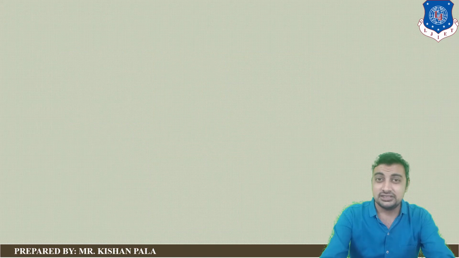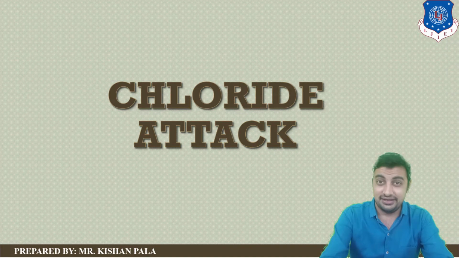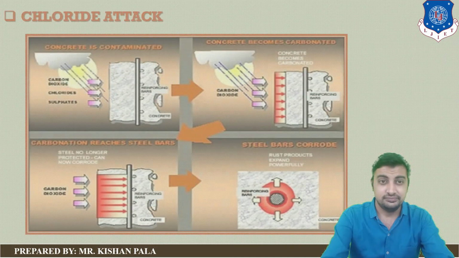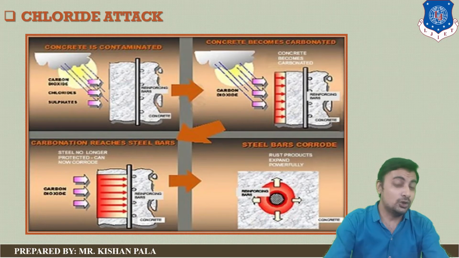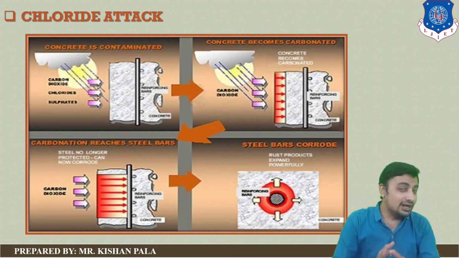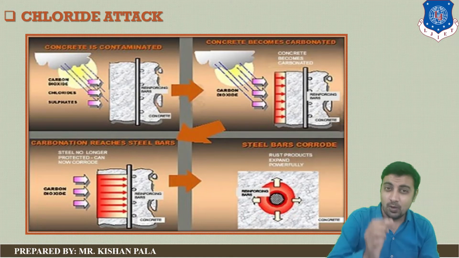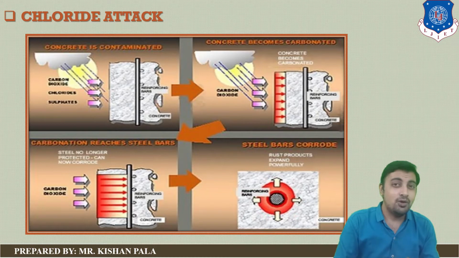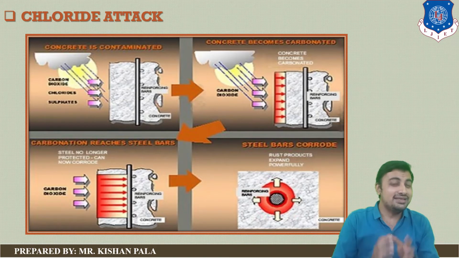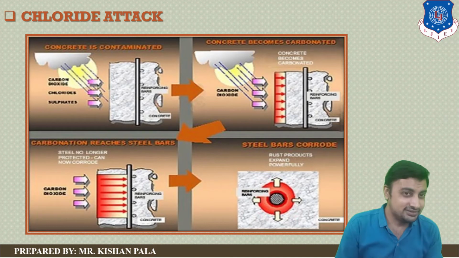Now let us discuss chloride attack. Chlorides can enter into concrete during concreting or during the service life period. During concreting, the chloride can enter via ingredients like aggregates, gauging water and admixtures.